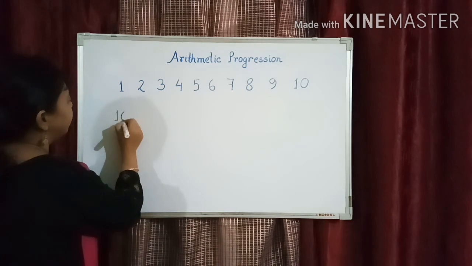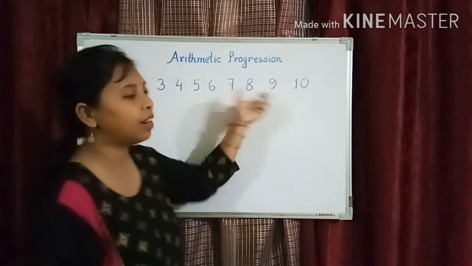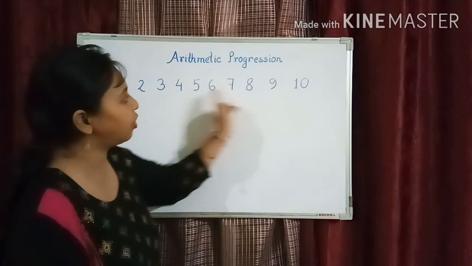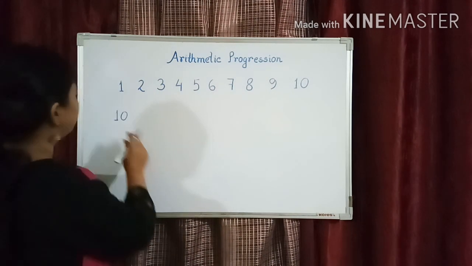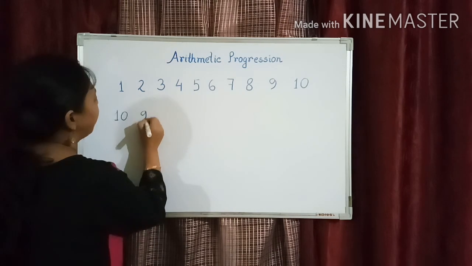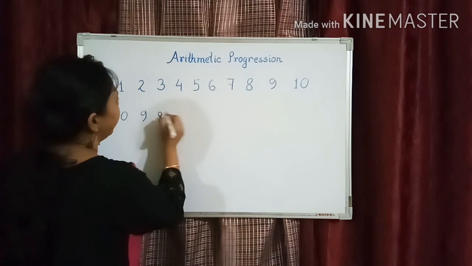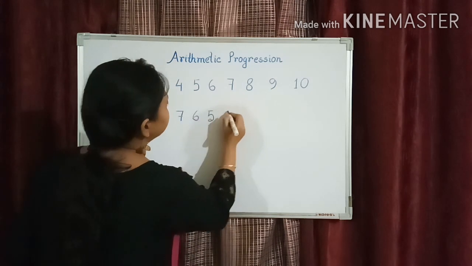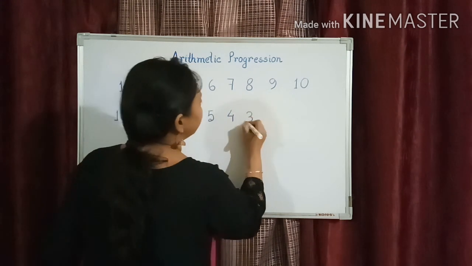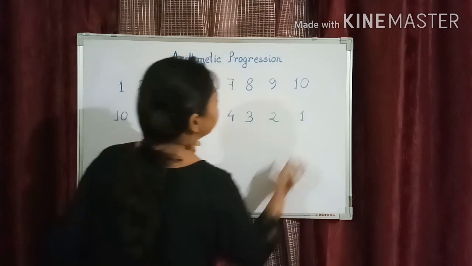Suppose I am writing in the reverse order. Here in ascending order I have written, here I will write in descending order. So 10, after 10 I will write 9, then 8, then 7, then 6, then 5, then 4, then 3, then 2, then 1.